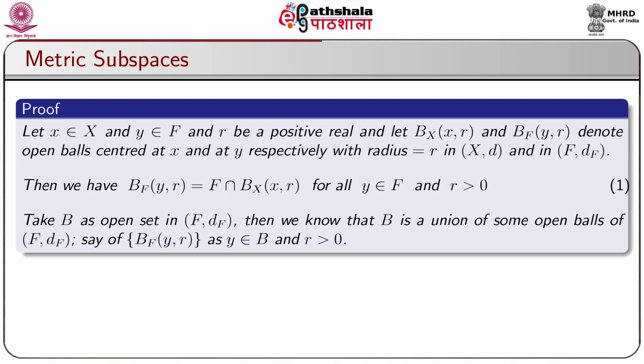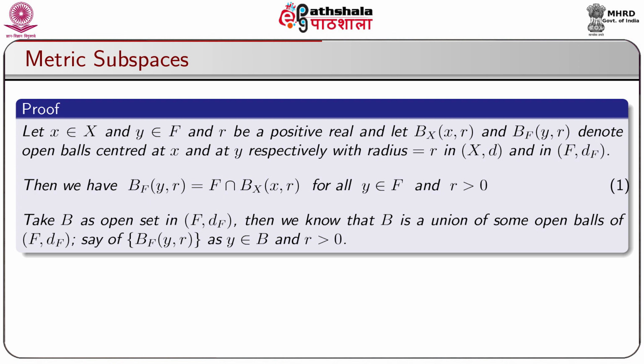Let B_X(x, r) be an open ball centered at x with a positive real r known as radius in X, and B_F(y, r) is the open ball centered at y with the same radius r in F. Then we get B_F(y, r) is equal to F ∩ B_X(y, r), that is F intersection the open ball in X having center y with radius r, for all y belonging to F and r a positive real.